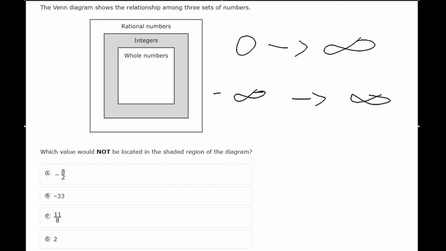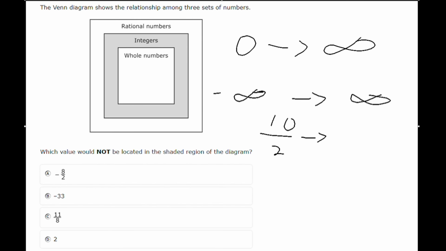The only thing with integers is that you're not going to have any decimals or fractions. So you're not going to have 8.3 or negative 5.2. All right, now there is an exception with the fraction. If the fraction can be reduced or simplified to a whole number, then it can fit.